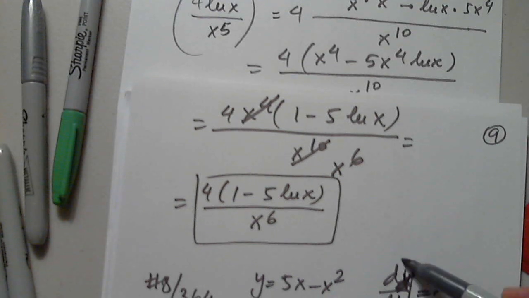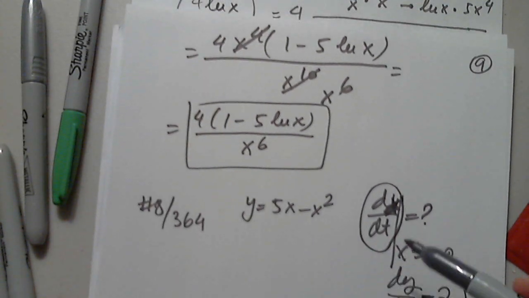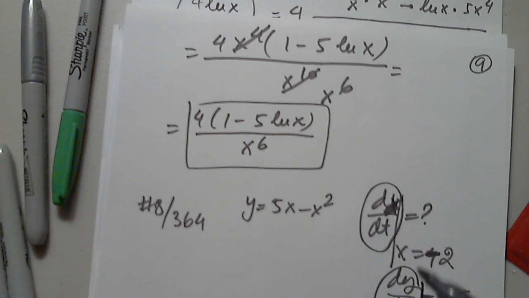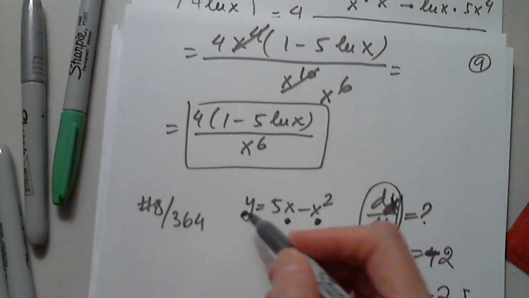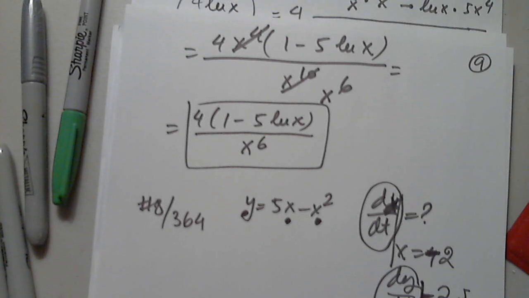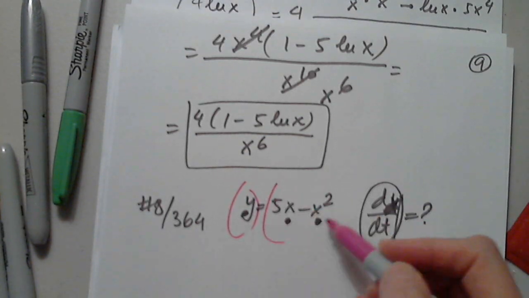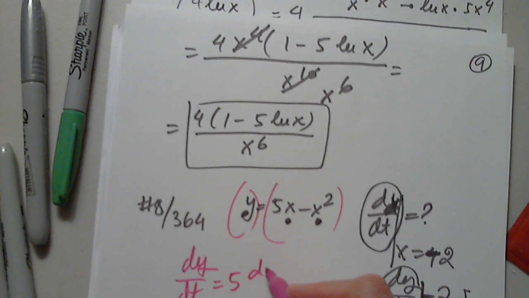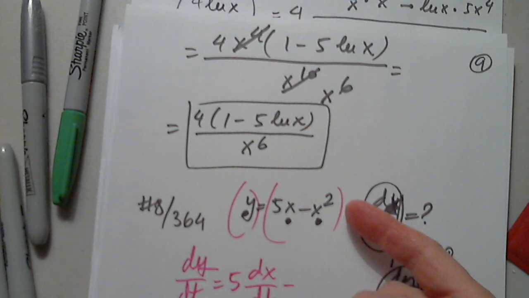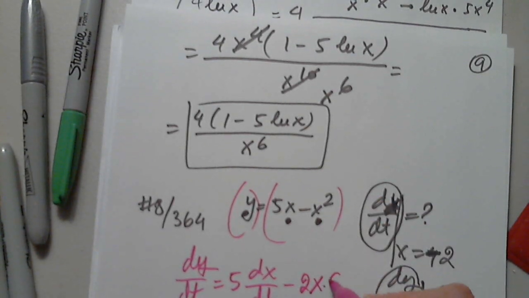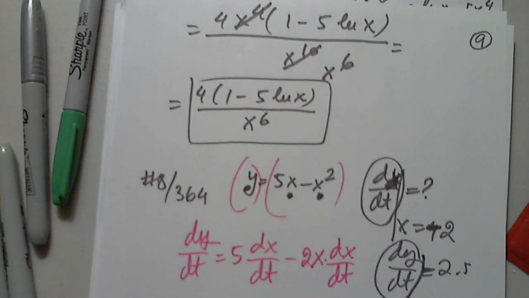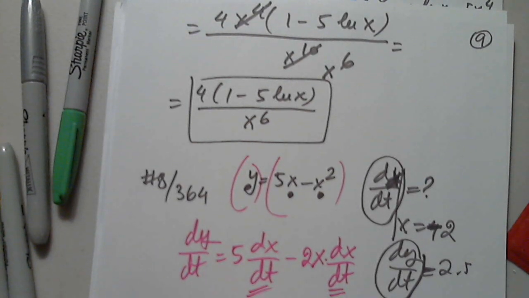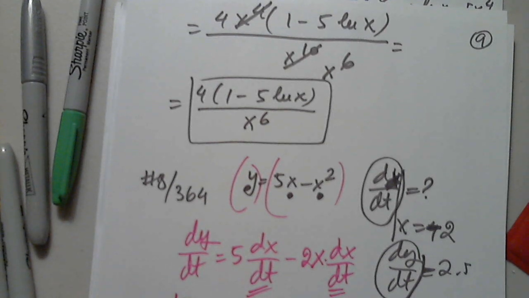So remember, dx over dt signifies that x is a function of t. Dy over dt signifies that y is also a function of t. So now when we differentiate both sides, here we get dy over dt. Here we get 5 dx over dt. Here minus 2x times dx over dt. And they want us to find dx over dt. So I have to factor it out. 5 minus 2x dx over dt equals dy over dt.